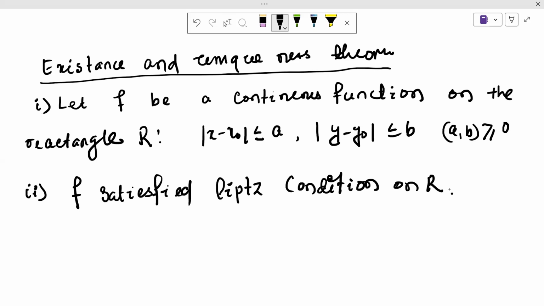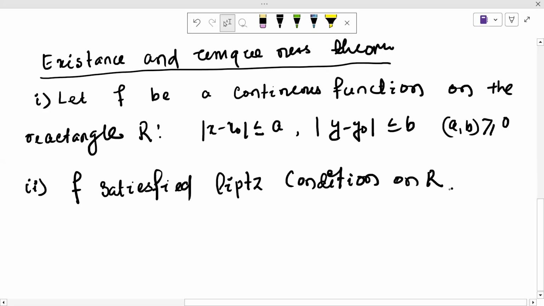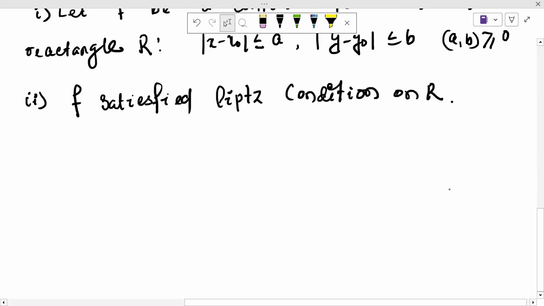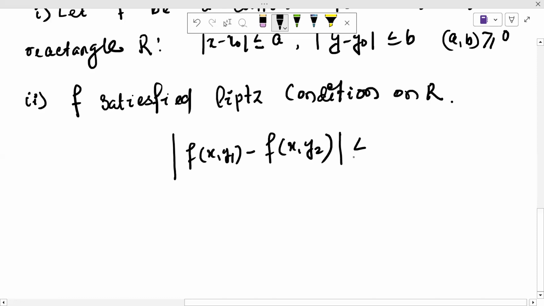What we need to show is that f(x, y1) minus f(x, y2), in modulus, is less than or equal to k times modulus of y1 minus y2, where k is positive.